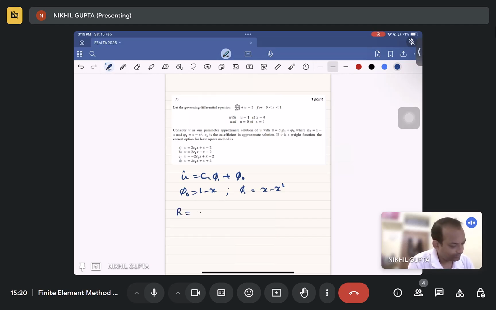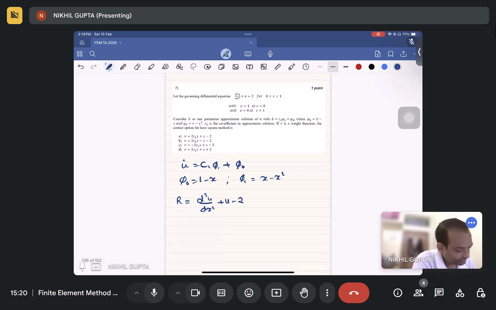r is the residual, which will be d2u by dx square plus u minus 2. Now you have to find the weight function, and for that, let's find the residual. We can write it in two ways; let's do it in terms of phi only.